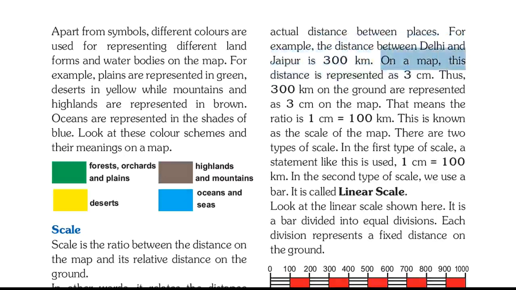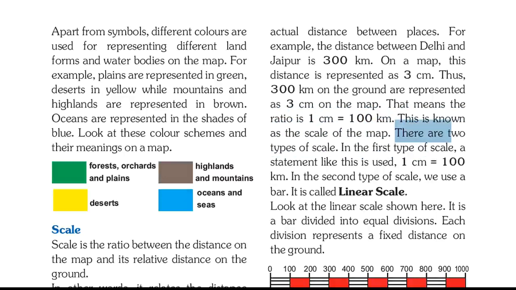On a map, this distance is represented as 3 centimeters. Thus, 300 kilometers on the ground are represented as 3 centimeters on the map. That means the ratio is 1 centimeter is equal to 100 kilometers. This is known as the scale of the map.